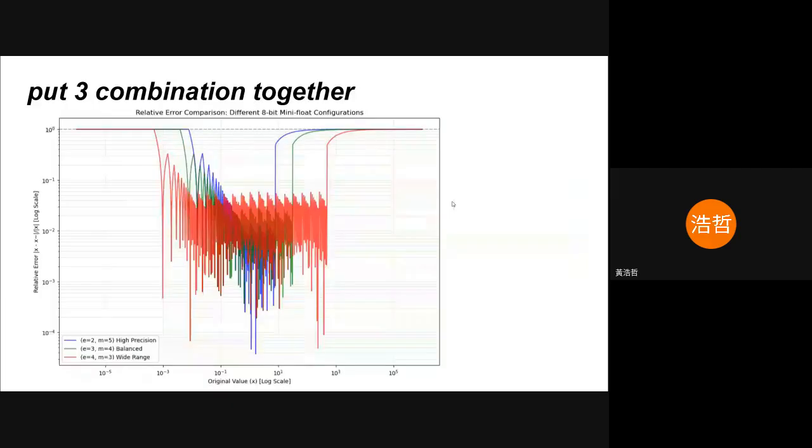And we put 3 combinations of exponent and mantissa together, we will see that if exponent is small and mantissa is big, the range it can represent is small. And on the other hand, if your exponent is high, mantissa is low, your number represented is quite big, but the relative error will be a little high.